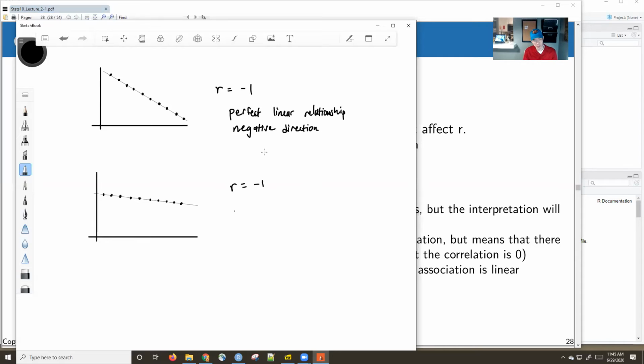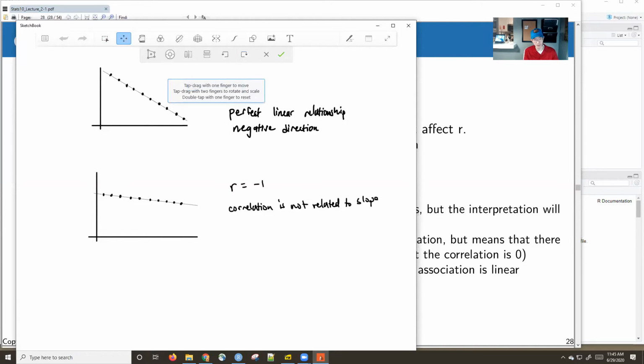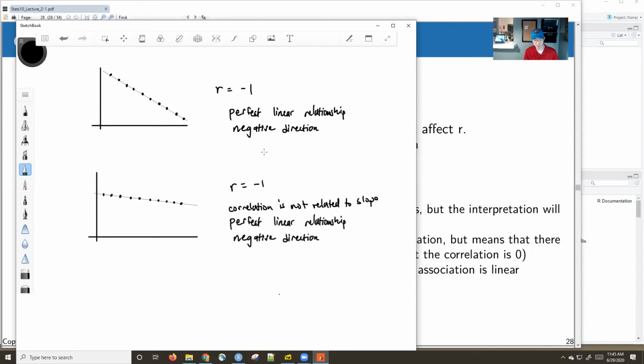So correlation is not affected by slope. The slope is definitely less, but correlation is not related to slope. This description, perfect linear relationship, negative direction, works just as well for this second picture as it does for the first picture.